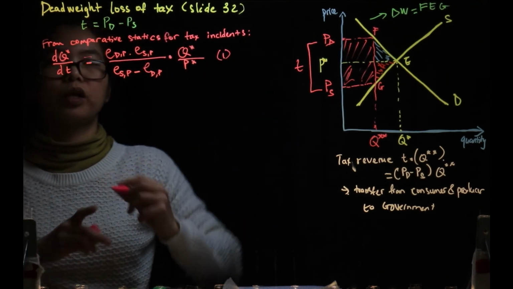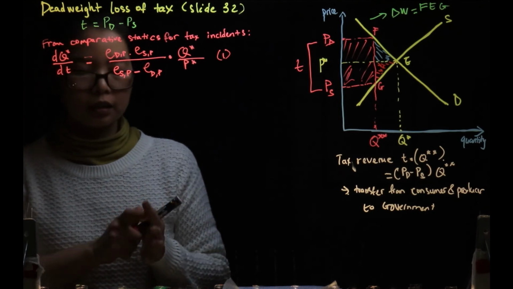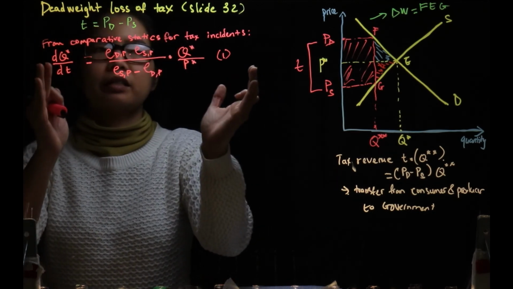Let's call this equation 1. This is the result of comparative statistics for tax.